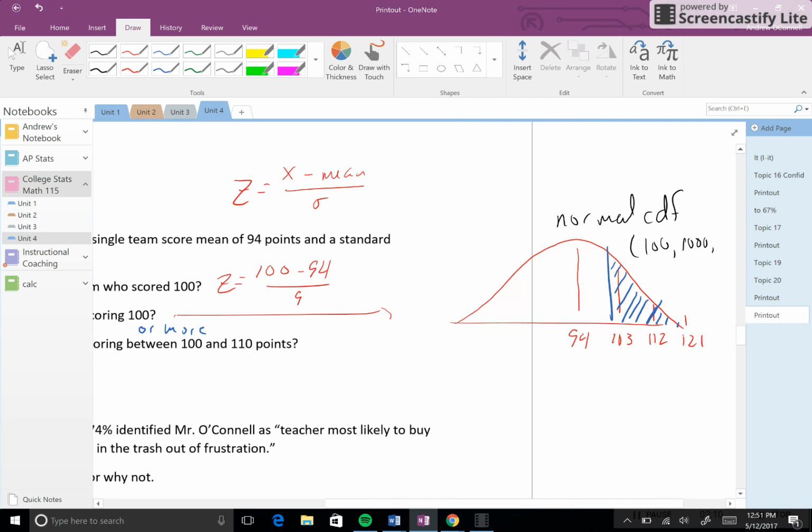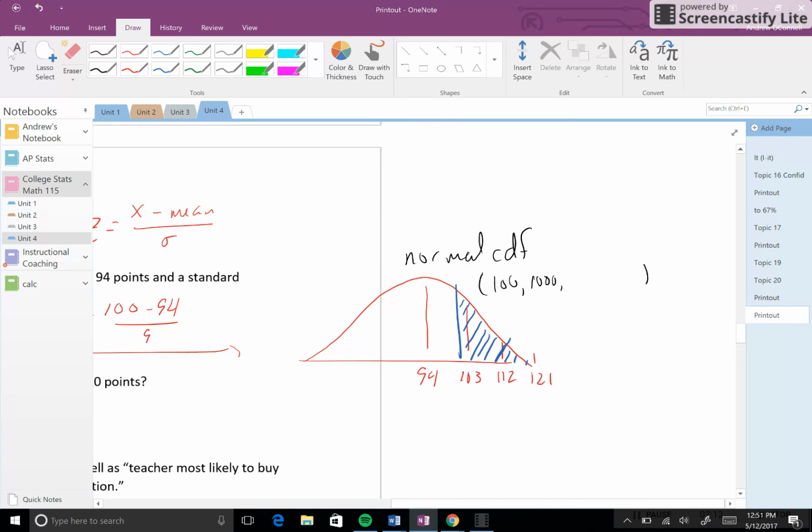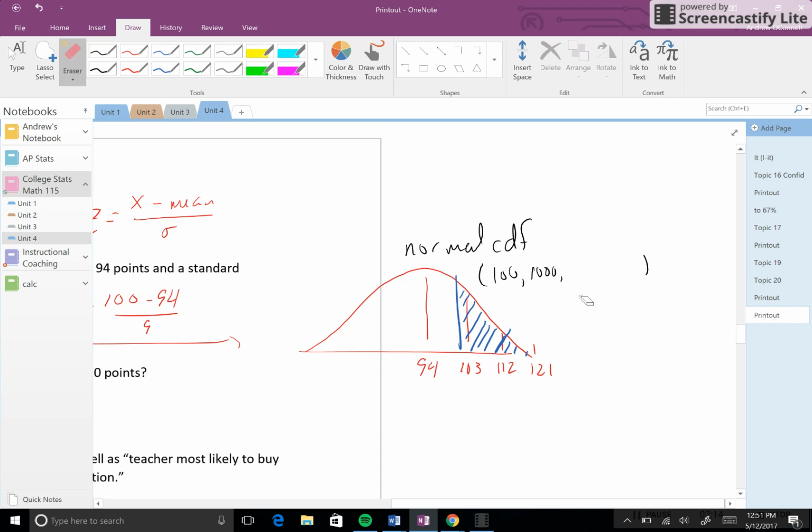Even Golden State. Mean 94, standard deviation 9. You should get right about 25%, .2524.